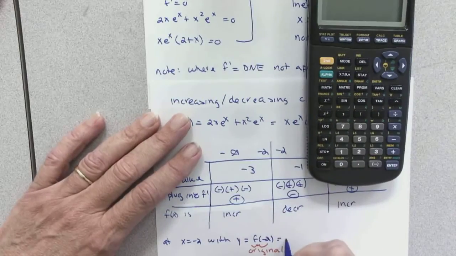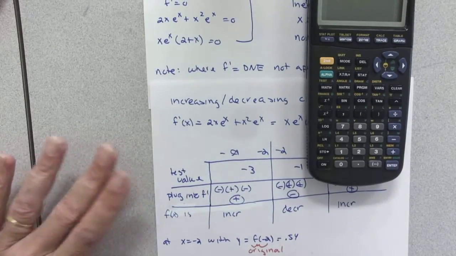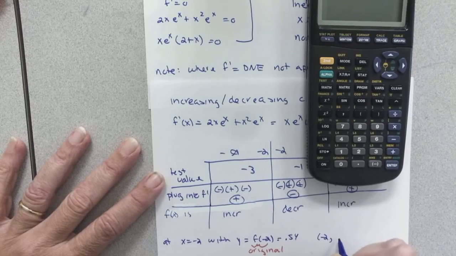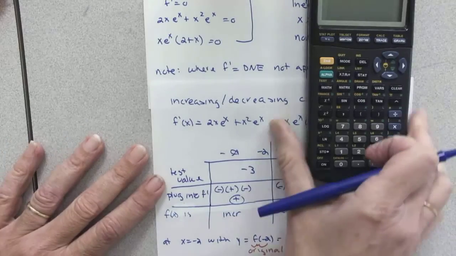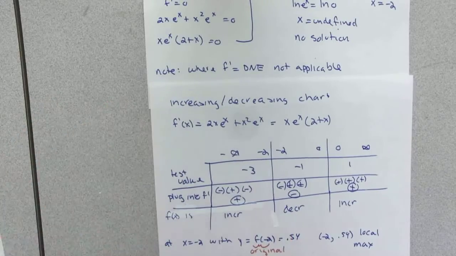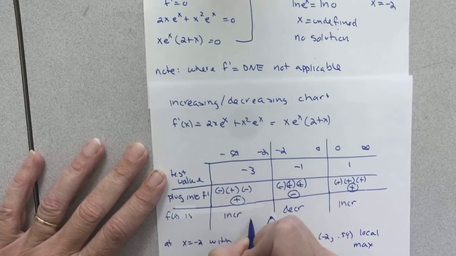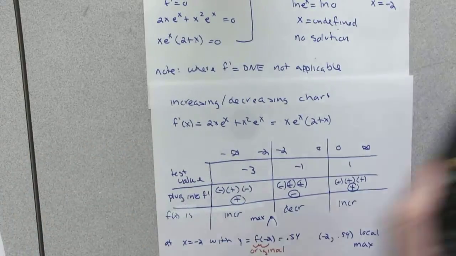And so f of -2 is 0.54. And so I have -2, 0.54, and that is going to be a local maximum because I go from increasing to decreasing, or my first derivative changes from positive to negative, and so we had to hit a max.